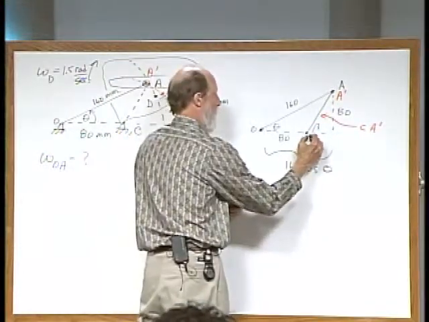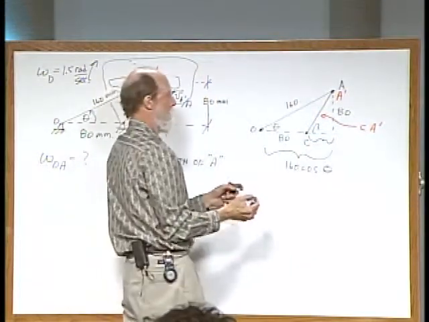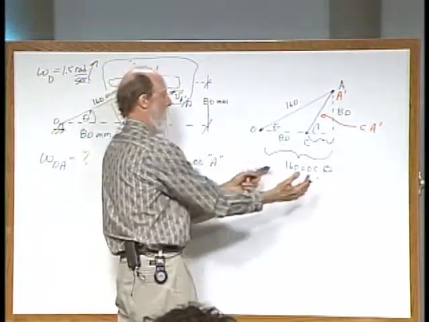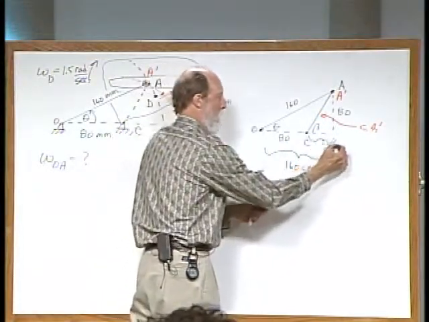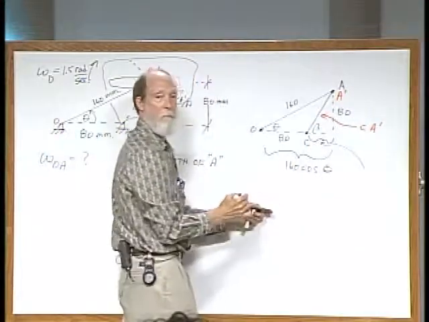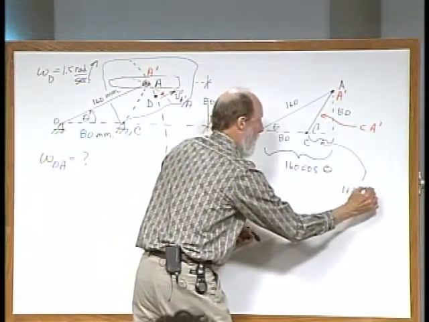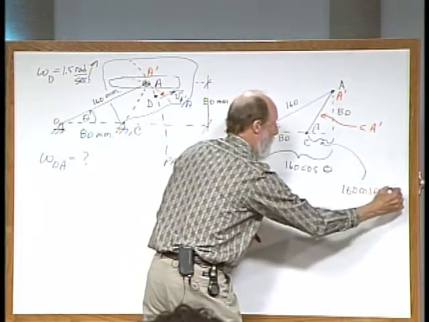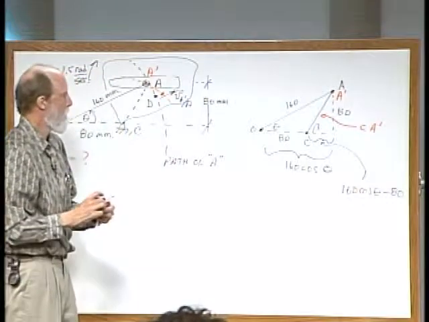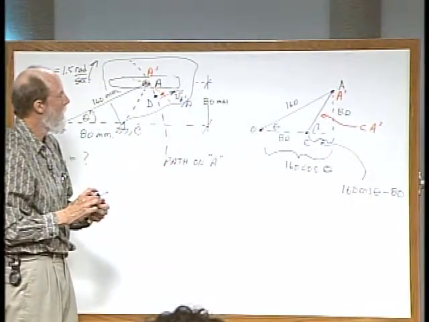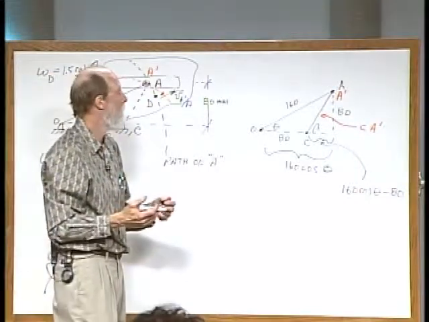And this distance right here is going to be 160 cosine theta minus 80, right? 160 cosine theta minus 80, which equals CA cosine beta.